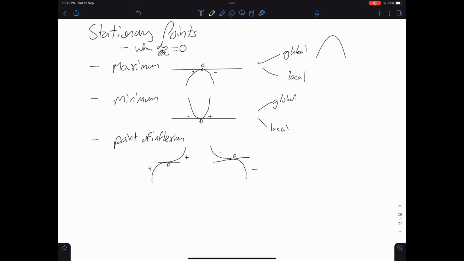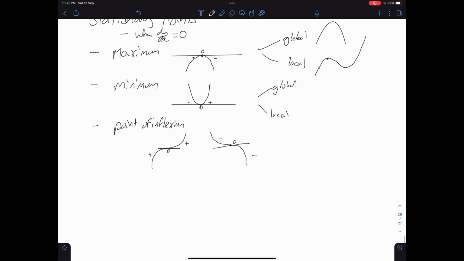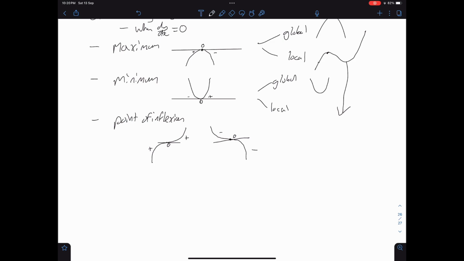But a local one is, say, like this, in a cubic function. It is a maximum point as in a stationary point, but somewhere else on the graph it goes higher. And it's a similar thing for global and local minima. And then points of inflection are points of inflection. So really there are 5 types of stationary points.